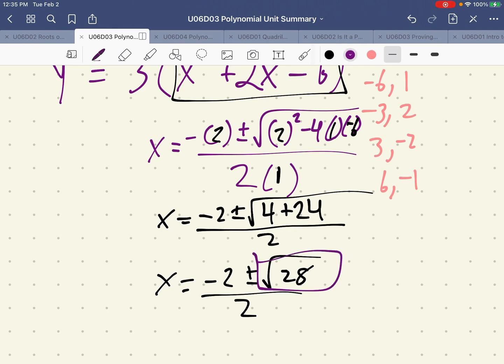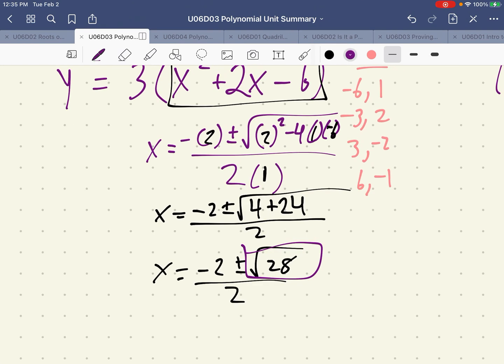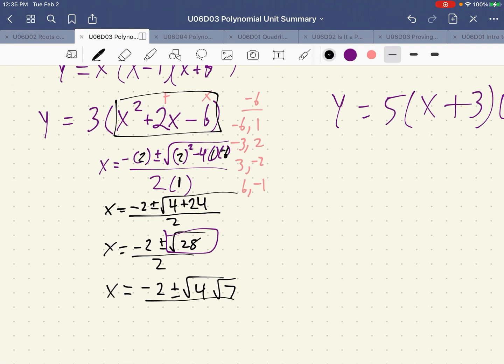We'll simplify the radical. The largest perfect square that goes into 28 is going to be 4. So x equals negative 2 plus or minus the square root of 4 times 7 all over 2. So we get x equals negative 2 plus or minus 2 radical 7 over 2.